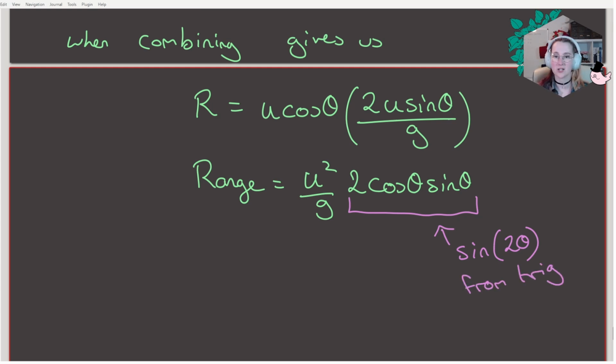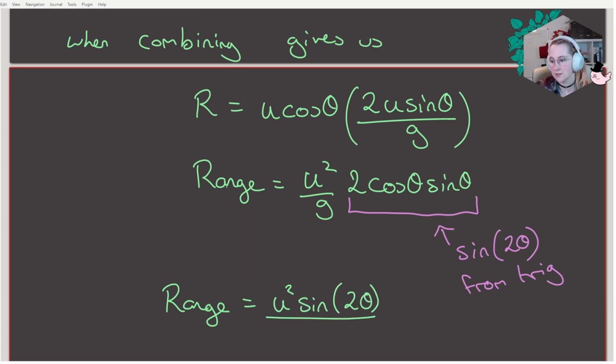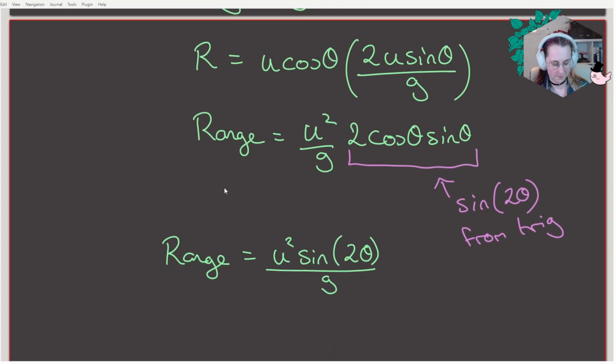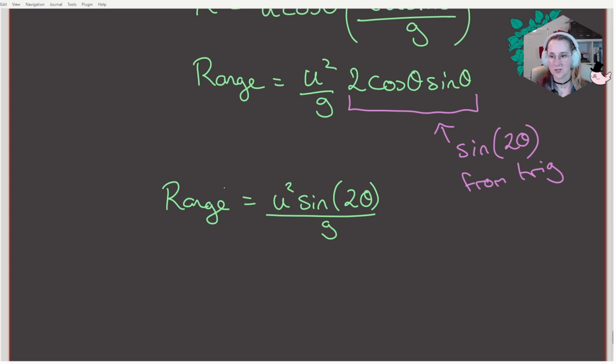There's a whole identity to go with it, but let's not worry about that for the minute. So that gives us that the range is u squared sine 2 theta over g. So that's how far away it goes. Depending on the angle, that's going to change.